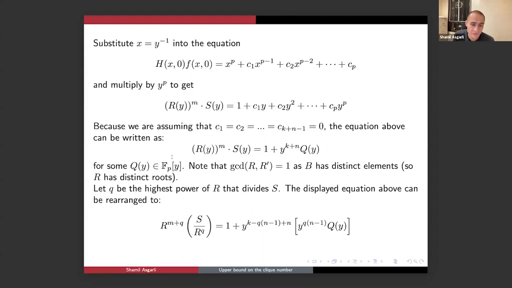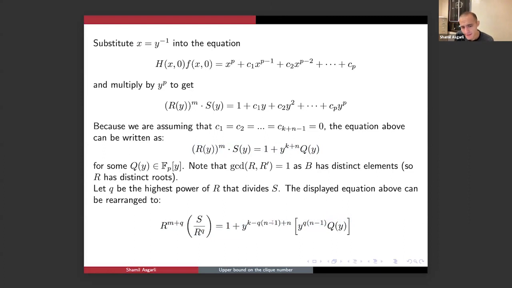So then what we do is we take this equation and we rewrite it in this way. There's nothing new here. This is exactly this equation, just rewritten in this way. Notice here that the powers R to the Q and R to the Q cancel.